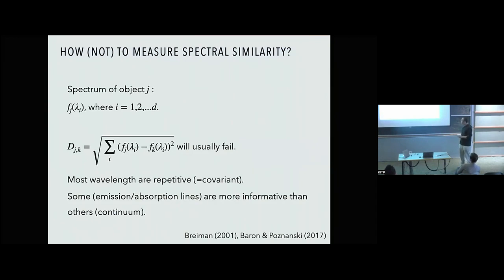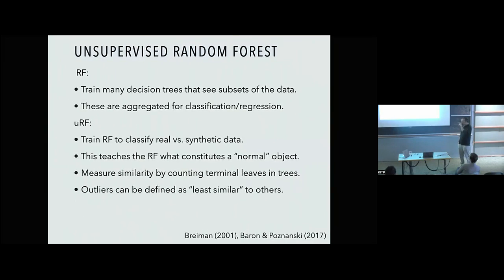So that doesn't work. What we found that does work is using unsupervised random forest. Now, this is a prehistoric technique. This is already from 2001. But actually, the idea was in the original Breiman paper on random forest. I think it's a fair assumption that you all know what random forest is, but I'm still going to say it in 2 sentences.